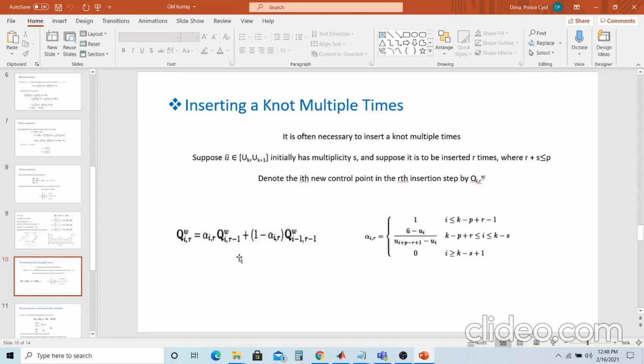Then we denote the ith new control point in the rth insertion step by q sub i,r raised to the power of w. This equation represents inserting a knot r times into the NURBS curve, which you can see right here.